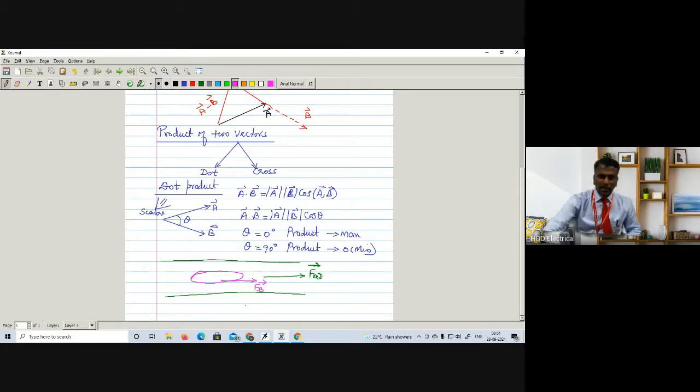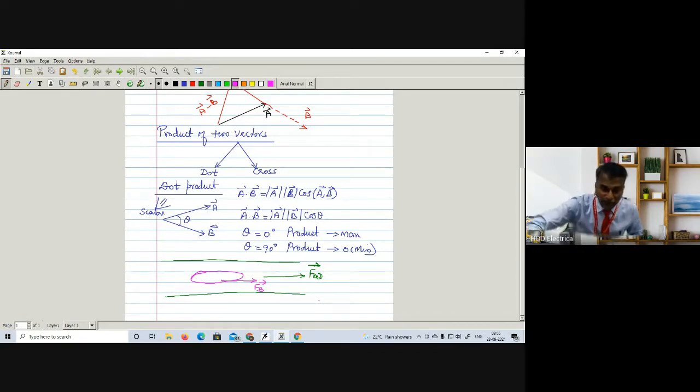Now, the water flow and the boat are moving in the same direction, right? Therefore, the total effort to move the boat will be maximum. These two act together simultaneously. So this is a place where we can apply the dot product.